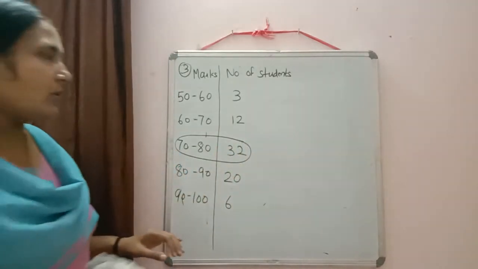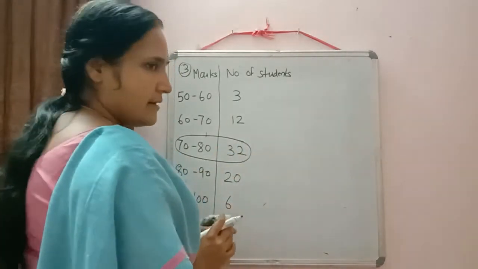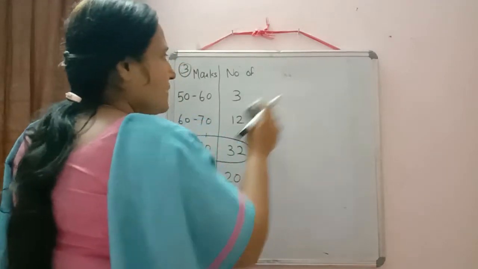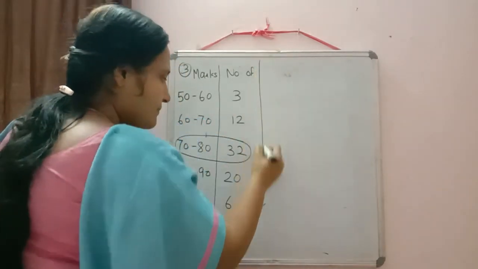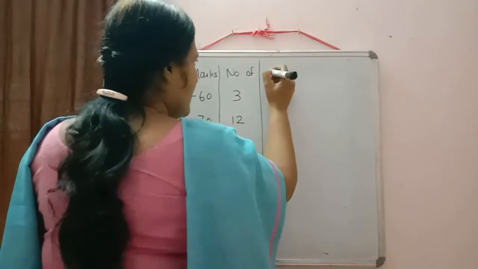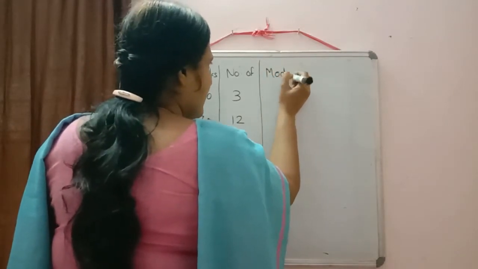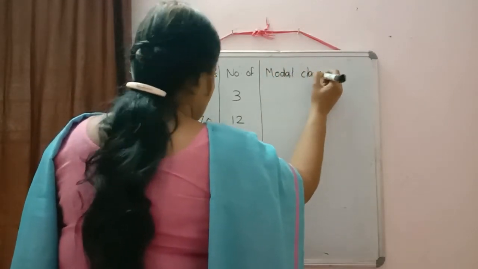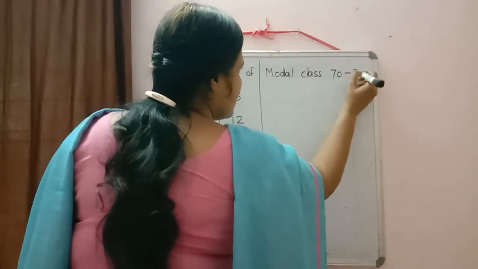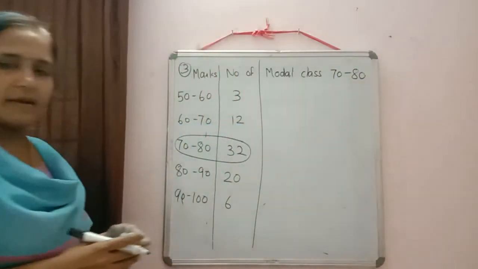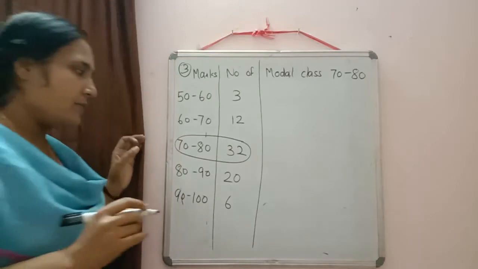Whenever you are solving, always write down the modal class there. So here I am just rubbing this one so that I can write here. Our modal class is 70 to 80. Now we will write down all the things which are required to calculate the mode.